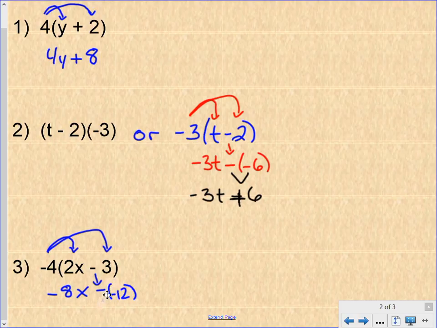Again, I have these two symbols next to each other. Minus a negative is the same thing as plus. So my answer is negative 8x plus 12. So make sure you don't leave your answers with two symbols next to each other. Two symbols next to each other in math can always be replaced with one symbol. So minus a negative is the same thing as plus.